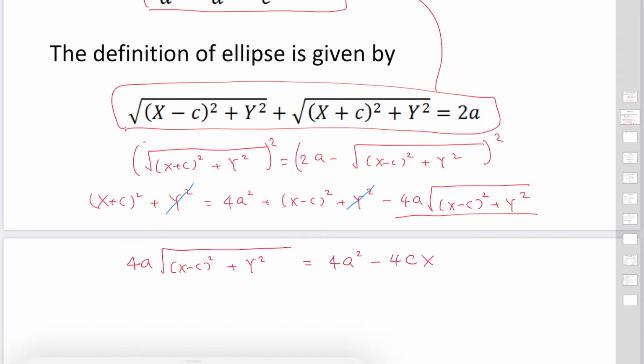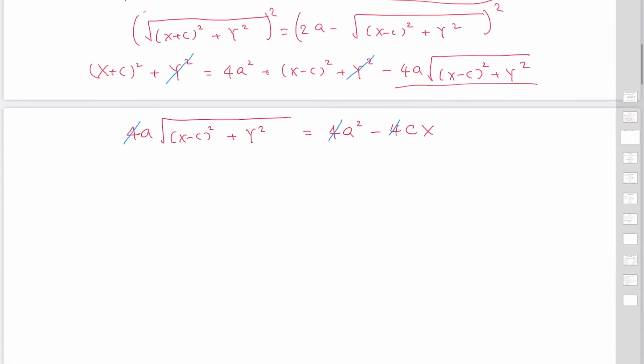Then 4 is going to be cancelled out. Then you could write down the equation. Take squares. (x minus c) squared plus y squared.